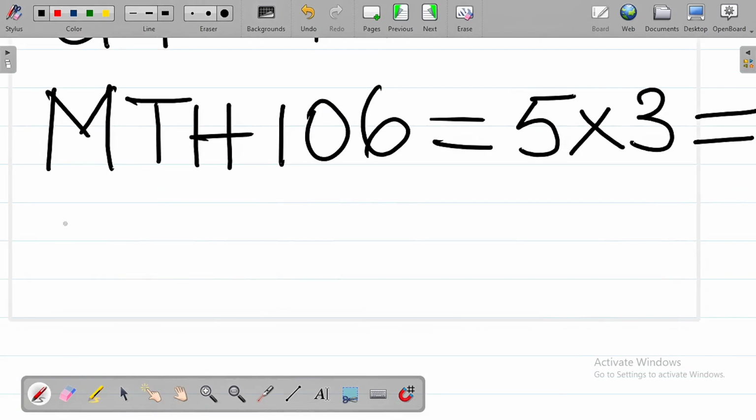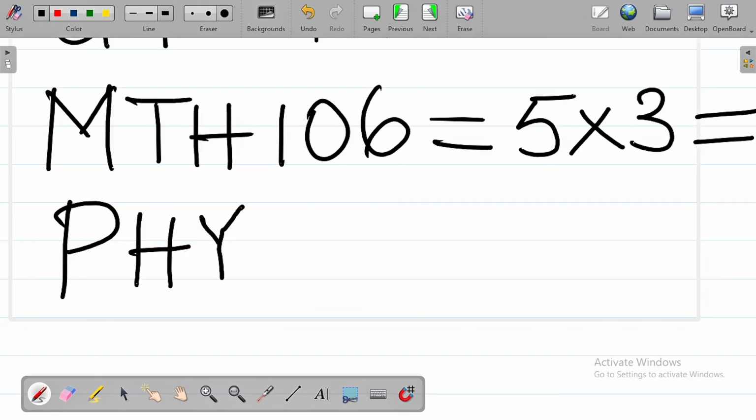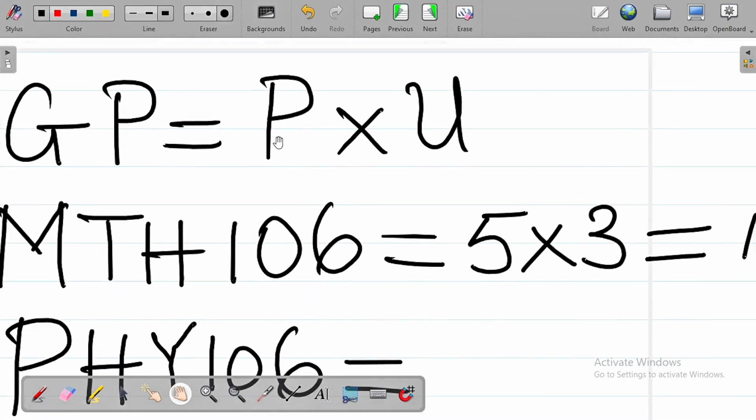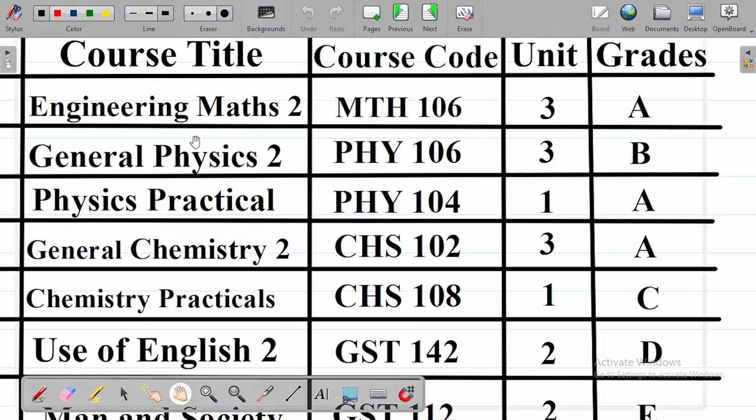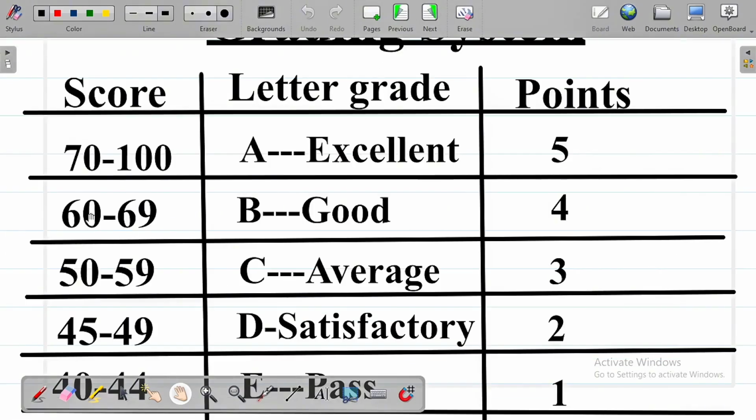Alright, so the next course is General Physics 2, which is PHY 106. General Physics 2 is equal to, let's check for the point and the unit. General Physics 2 is a 3-unit course, and the student has B. From 60 to 69 marks is B, and B is 4 points.